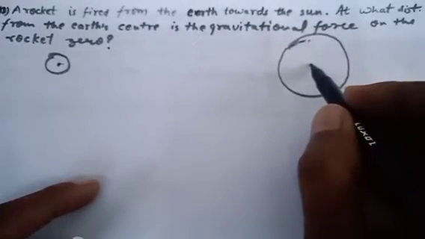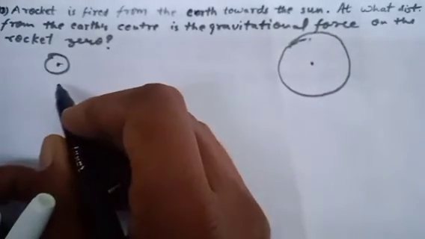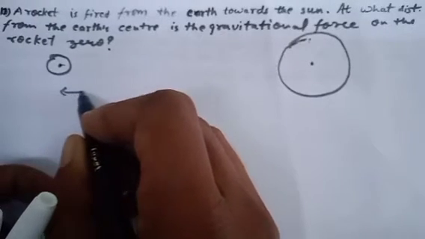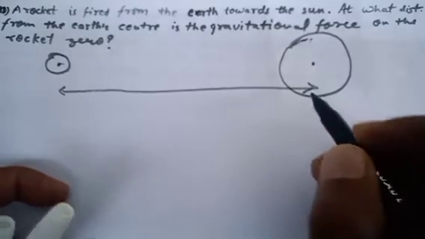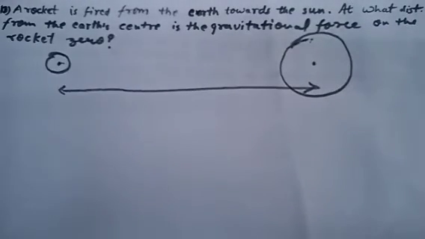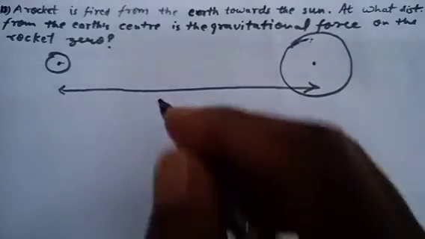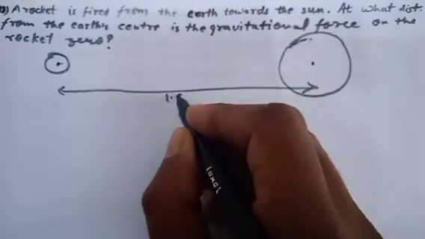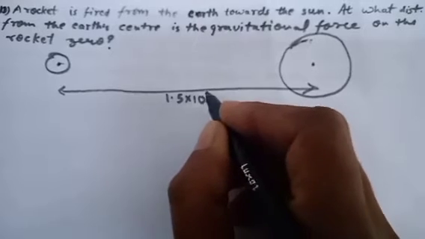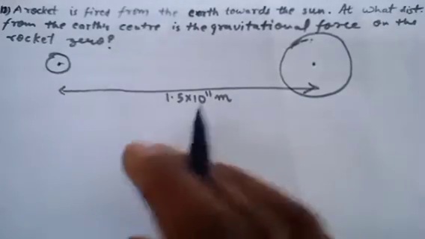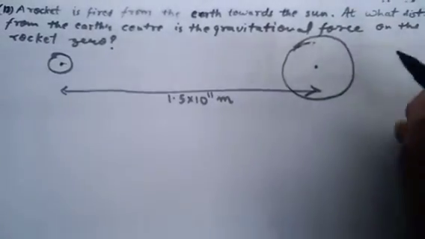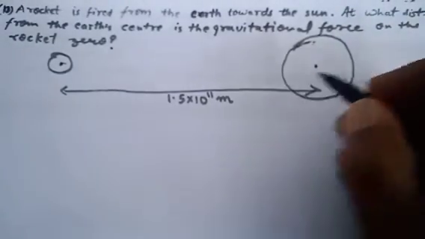Okay, so actually the distance between Sun and the Earth is generally given, but here we know that it is 1.5 into 10 to the power 11 meter. This is a GK type question. Actually we can get it very easily.